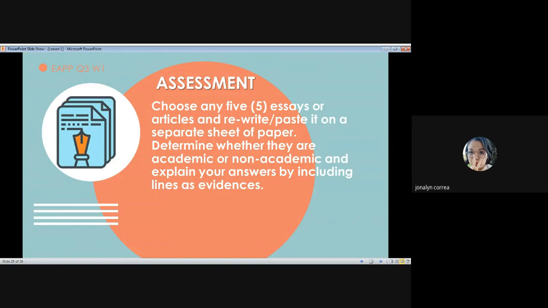You differentiate and you explain how they are academic, how they become non-academic. Then, as additional points, if you have put them as academic text, you may consider explaining what type of writing was used in that academic text.